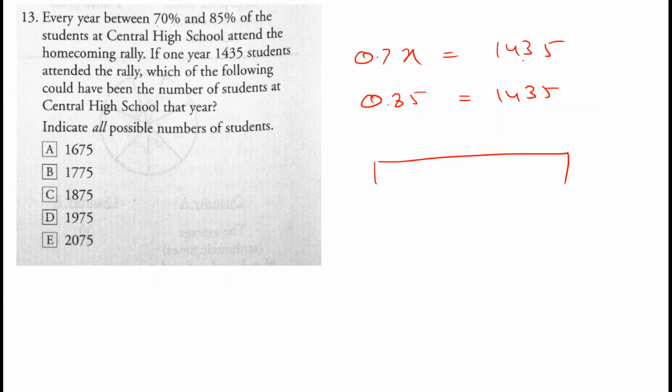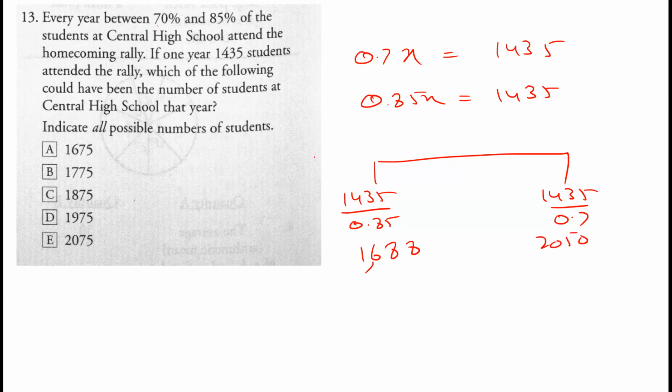So 0.7x can be 1435 and 85% of x can also be 1435. So x can be 1435 divided by 0.85 and 1435 divided by 0.7. 1435 divided by 0.85 is 1688, so 1688 students, and 1435 divided by 0.7 equals 2050.